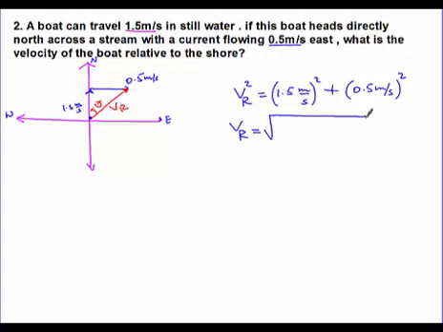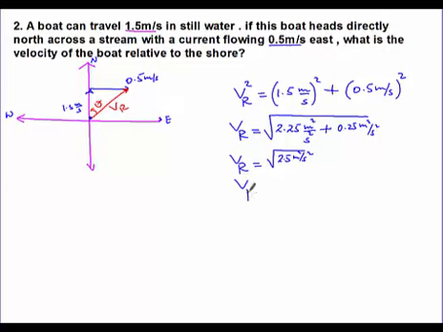When you multiply 1.5 by 1.5, we get 2.25 meter squared per second squared. Plus, 0.5 times 0.5 gives 0.25 meter squared per second squared. Adding 2.25 plus 0.25, you get the square root of 2.5 meter squared per second squared.